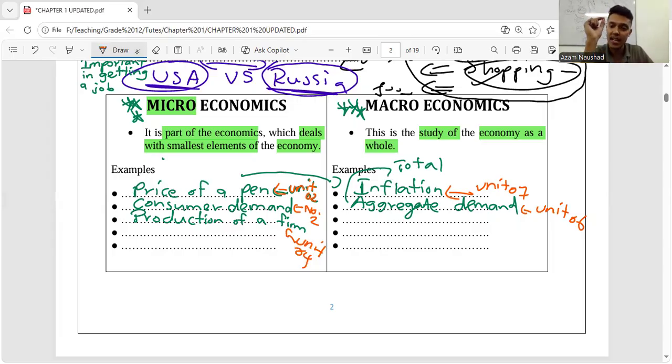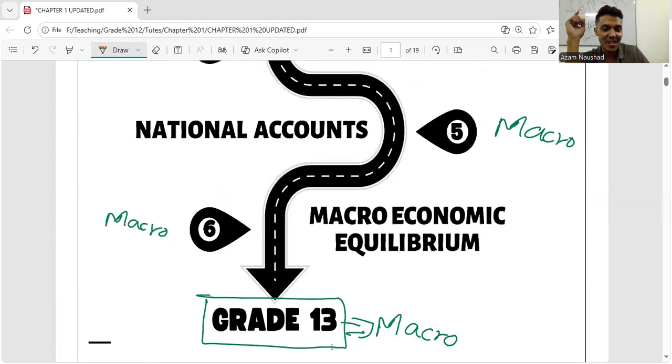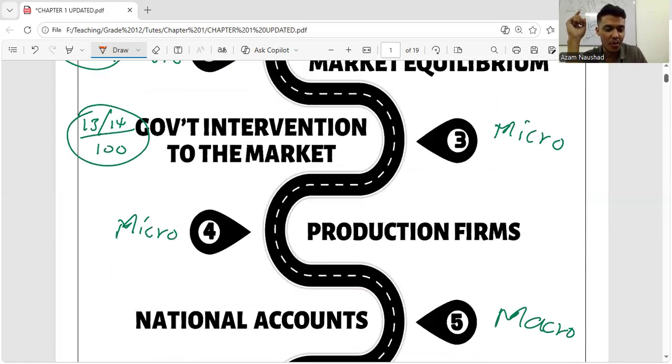Price of a pen, just the price of a single product in the market. Production of a firm, not the entire production of the firms in Sri Lanka, just the production of a single firm. We can take Munchee lemon puff. So that's micro, right? Production of a firm, unit number 4, micro.